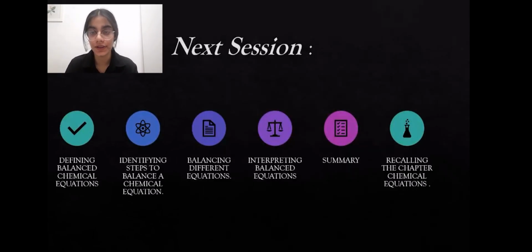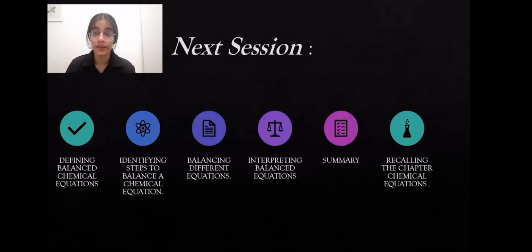That is all for this session. In the coming session, we will be defining balanced chemical equations in a more formal manner. We will identify steps that will help us write an initial equation and help us balance it afterwards.